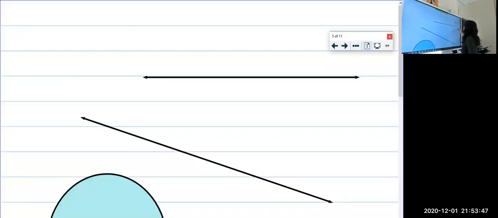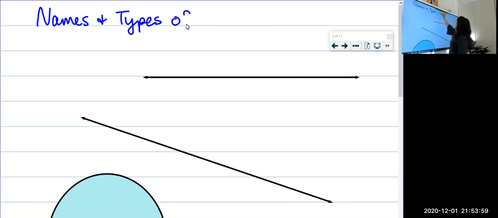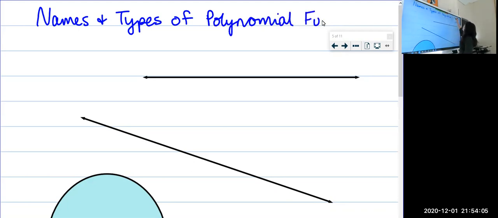It's time to talk names and types of polynomial functions. So, here's what we are going to cover today.